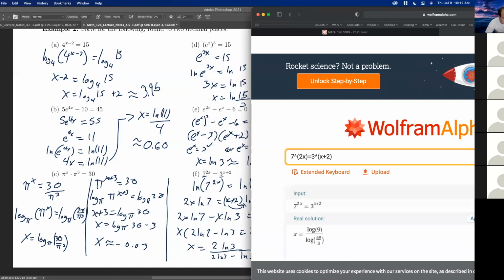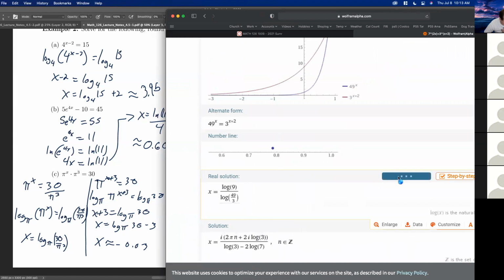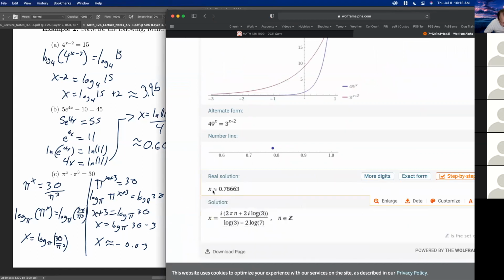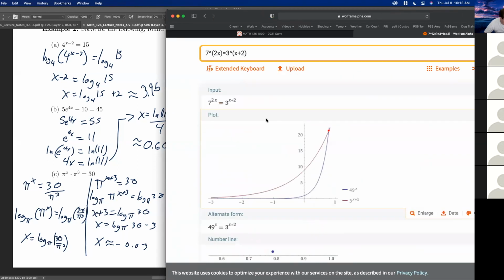You have to go back to using your TI-89, right? Or whatever calculator you're using. This gives us about the same answer, right? It just solves it differently than we do.